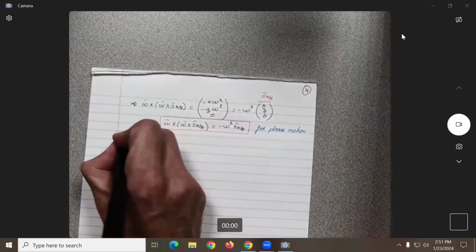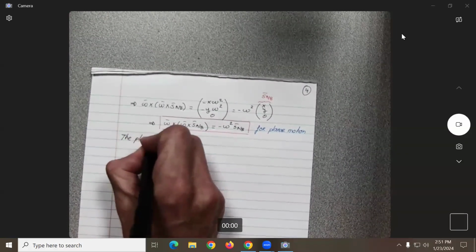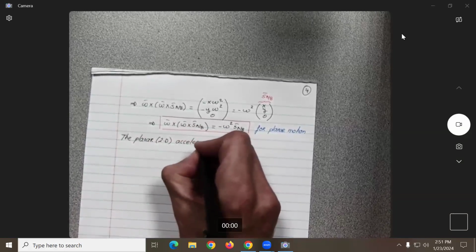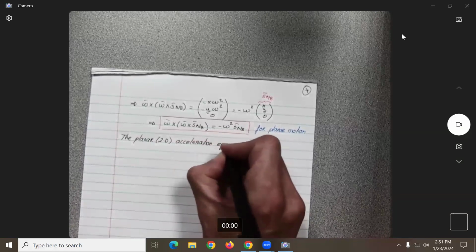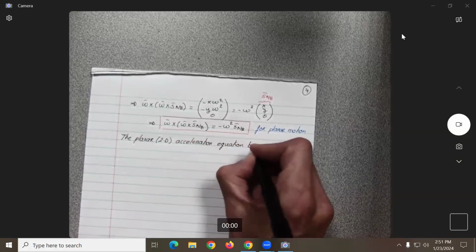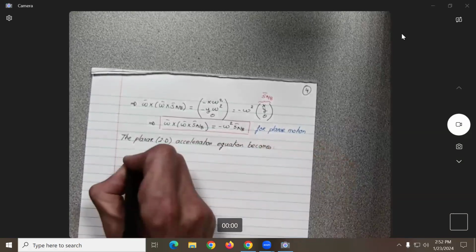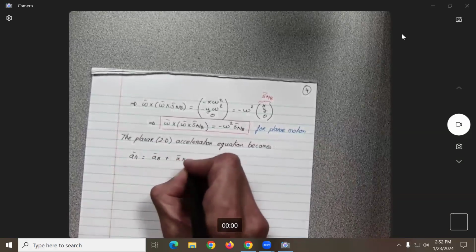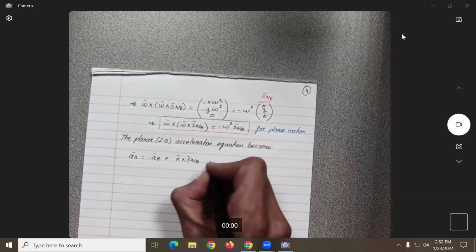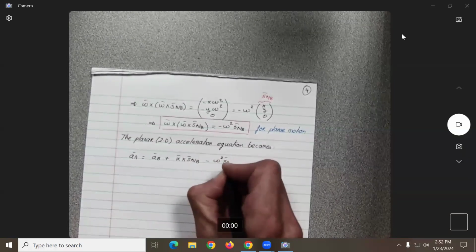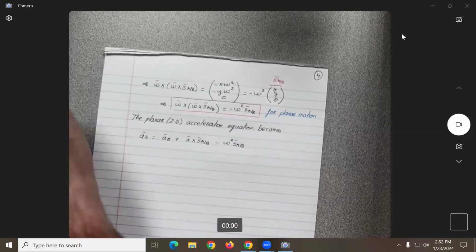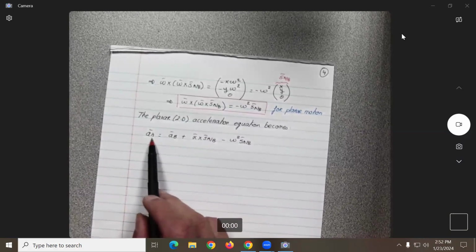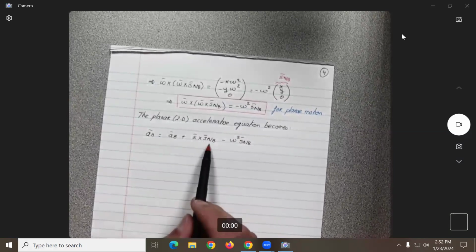So the planar 2D acceleration equation becomes: acceleration of A equals acceleration of B plus alpha cross S of A with respect to B minus omega squared S of A with respect to B. Since you asked before which one goes on top, A or B, it's always the one that goes outside. You see, A will be on top, no? If you put B, then it will be B with respect to A.